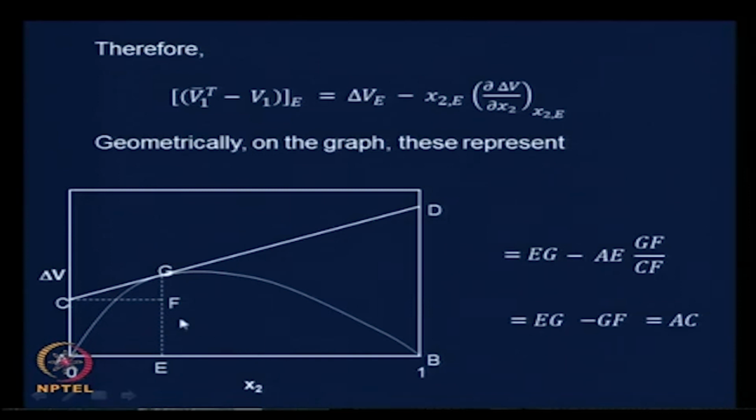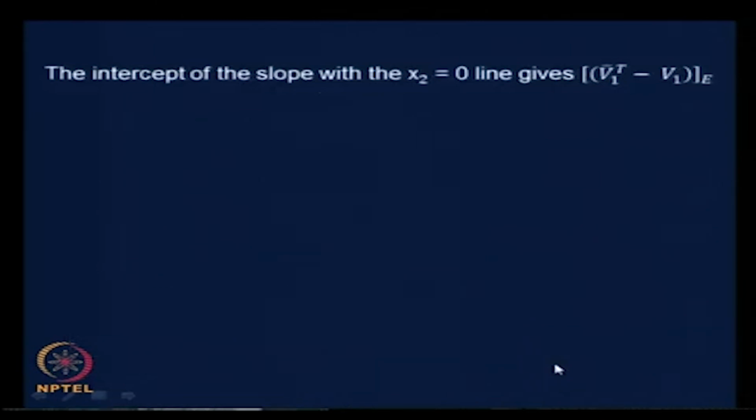Therefore it becomes EG, which is this length, minus GF, which is this length, which is actually FE, which is the same length as CA, which is the intercept on the y axis of the tangent to the point G. Therefore that was the way to find out the partial molar volume V1t hash.